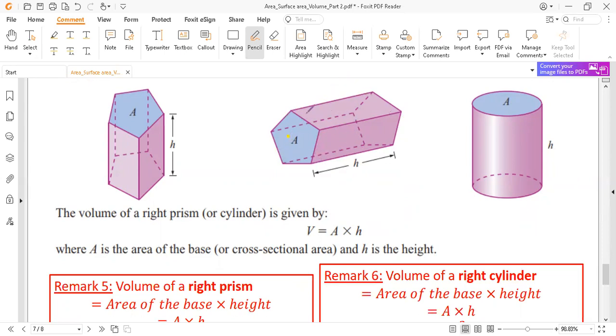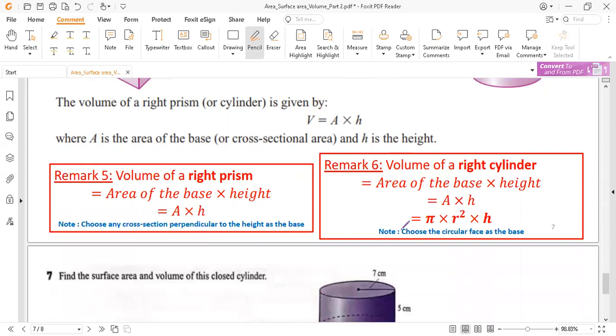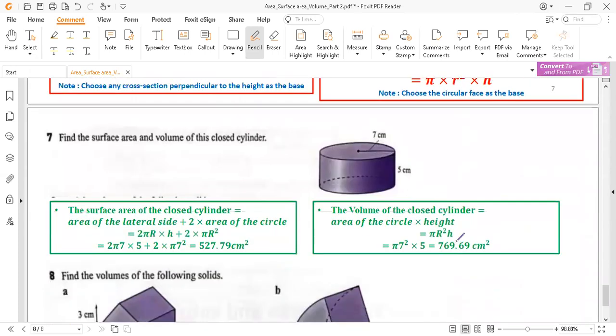So normally it is the area of the base times the height. And in this cylinder, the cross section is the circle, so the area of the circle times the height, and so on. So it is easy also to calculate.